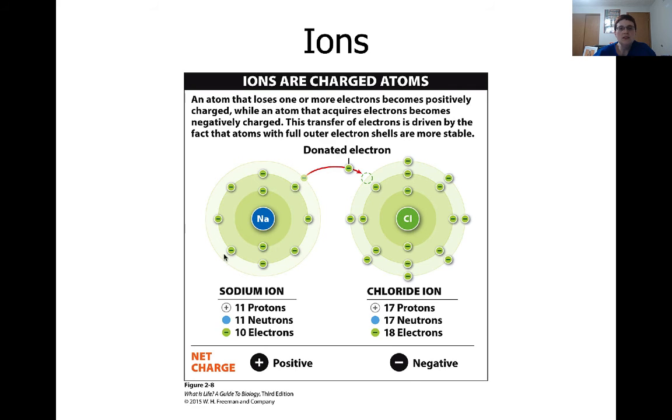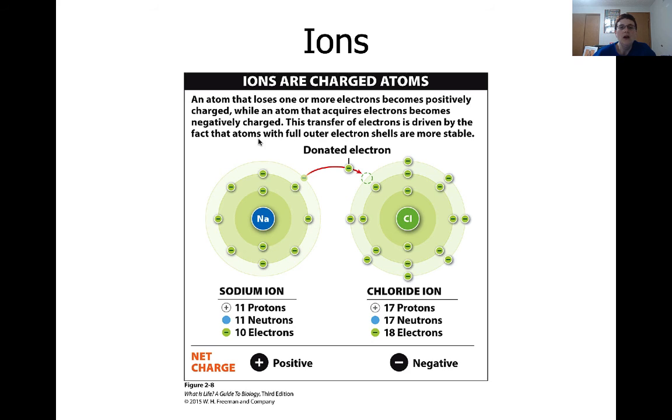If we take a look at the sodium atom here, normally sodium has 11 protons, 11 neutrons, and 11 electrons, right? When we put the electrons in their shells, you get 2, 8, and then 1 in that last shell. And if you think about it, it's easier to give up 1 electron than it is to go find 7, right? To make a stable sodium atom, you'd have to either give this one up or go find 7 to fill that ring.